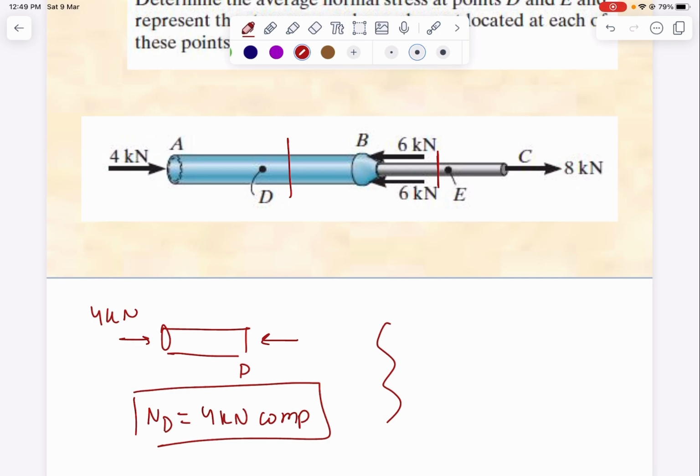So it's just 8 kilonewtons. So here we have 8 kilonewtons, and here the normal, its tension also equal to 8 kilonewtons. So NE is equal to 8 kilonewtons tension.